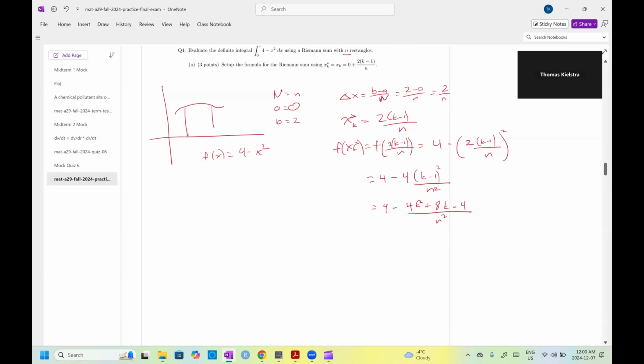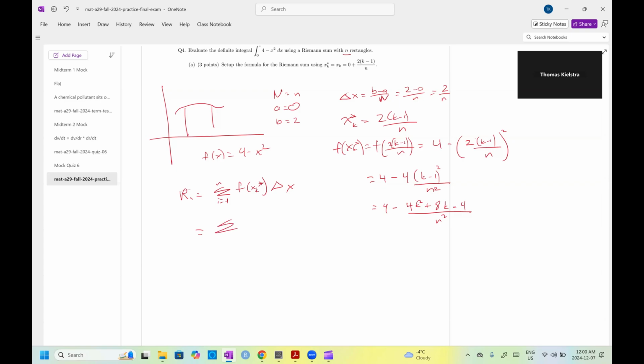And we have our Riemann sum. The Riemann sum, Rn, equals the sum from k equaling 1 to n of f of xk star times delta x.